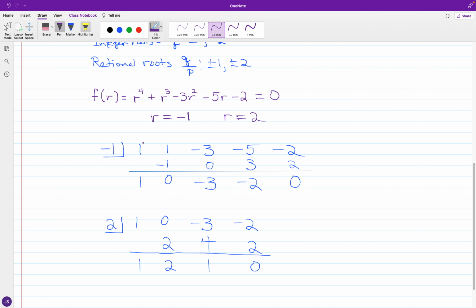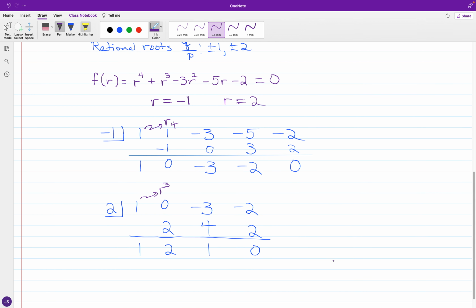Now going back to what we have in our expression. This leading 1 is in reference to r to the fourth. And again, for the quotient carried over, we have r to the third. And if you notice, with the 1, 2, and 1 brought down, we have r squared plus 2r plus 1.